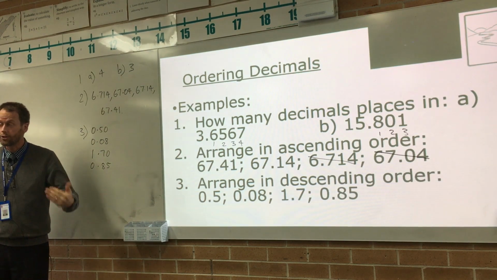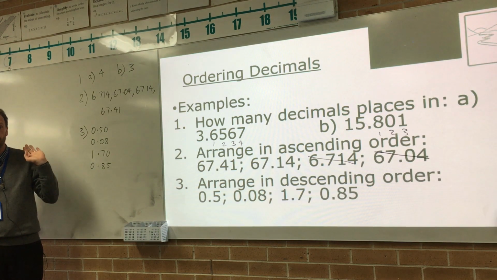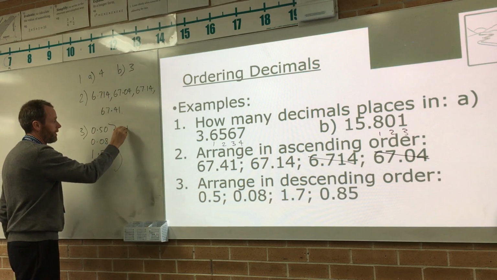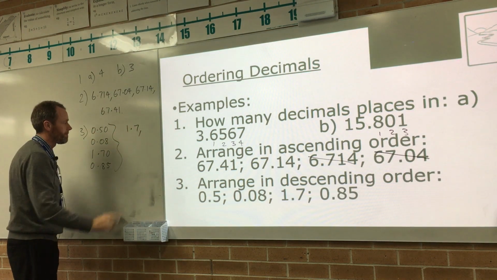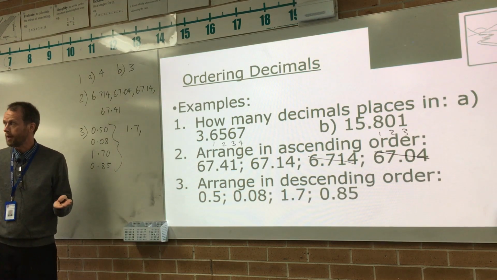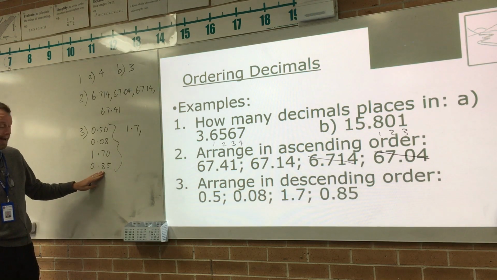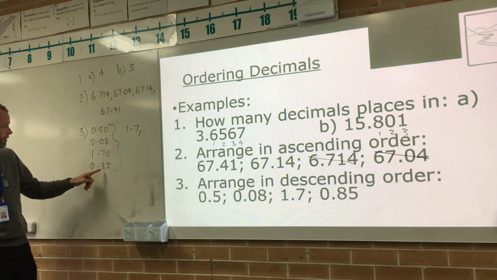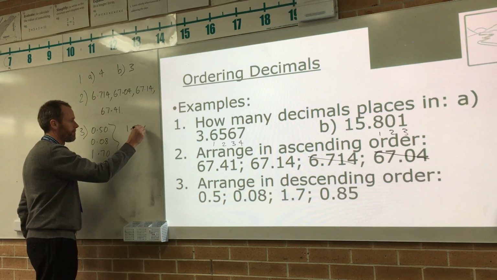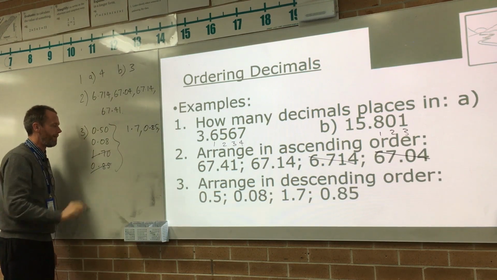Now we're going descending order. So which one is the highest out of these 4 numbers? 1.7. Okay, great. So we can write this as 1.7. What will be our second number when we do this one here? Yeah. 0.85. You've looked and gone, 8 is the highest out of these, so it must be that. Okay, so we've taken out that one and that one.